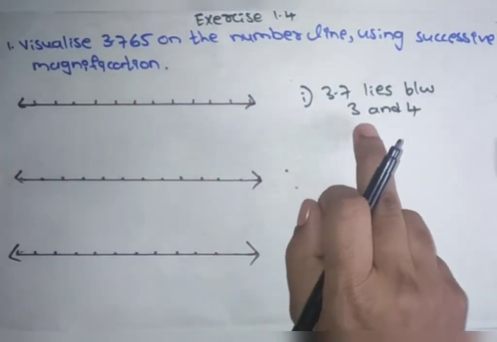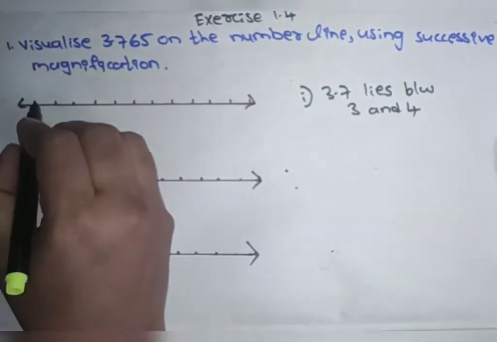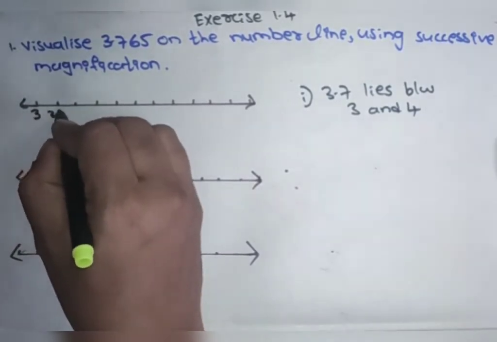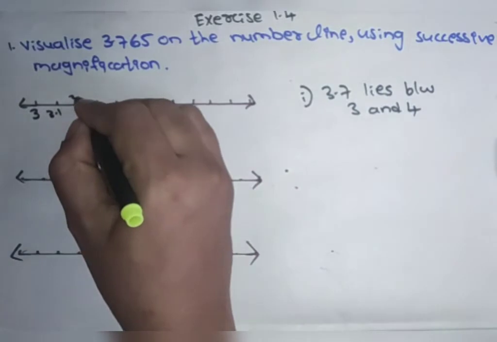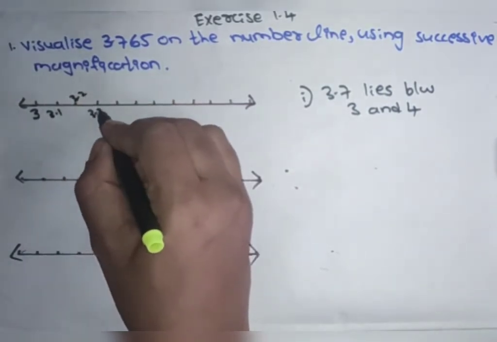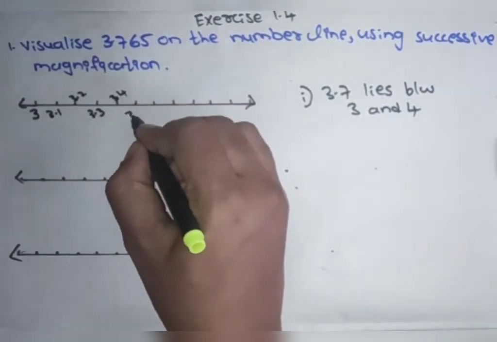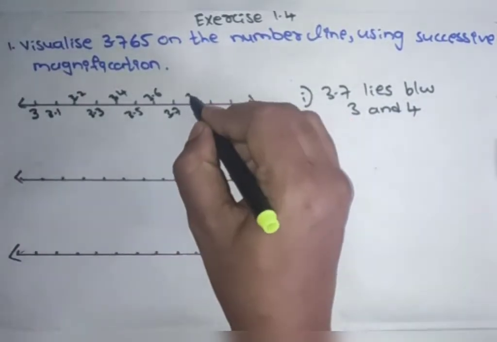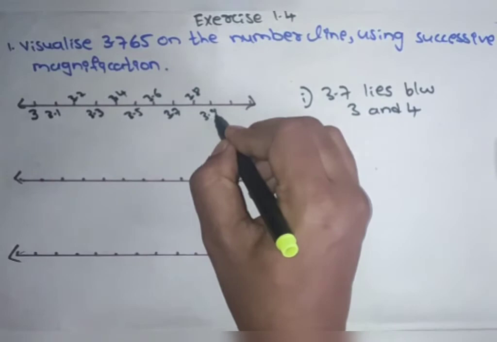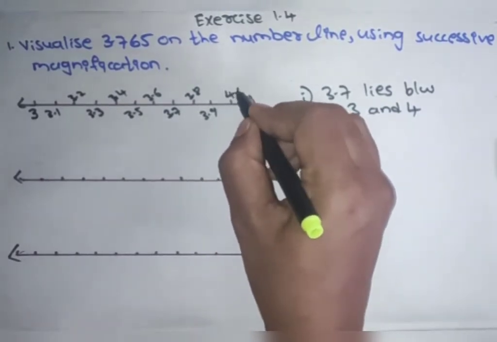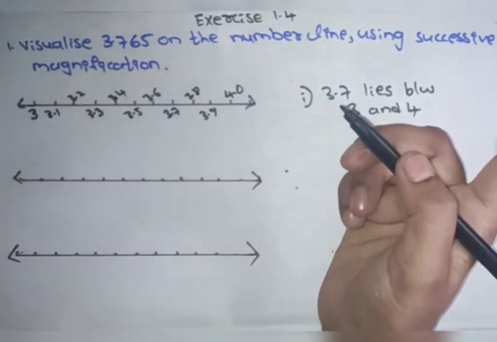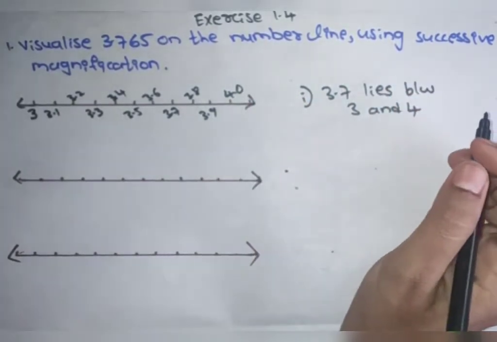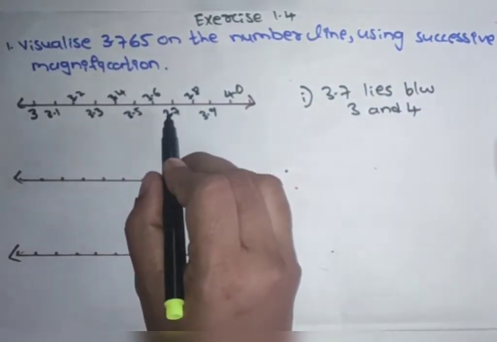From 3 to 4 we will write 3, after 3 you have 3.1, 3.2, 3.3, 3.4, 3.5, 3.6, 3.7, 3.8, 3.9, after that 4. 4.0 or 4, both are same. In decimal places 0 has no value. Now you are getting 3.7.